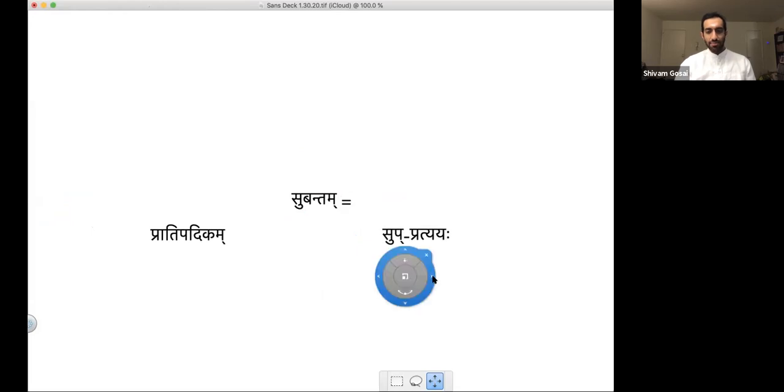When we add a pratipadikam plus a supratyaya, when we add that nominal base, that noun base, and that nominal suffix, the noun suffix, that's what we call declension. Declension of a noun is just this addition. When we add these two things, that's what we call declension.